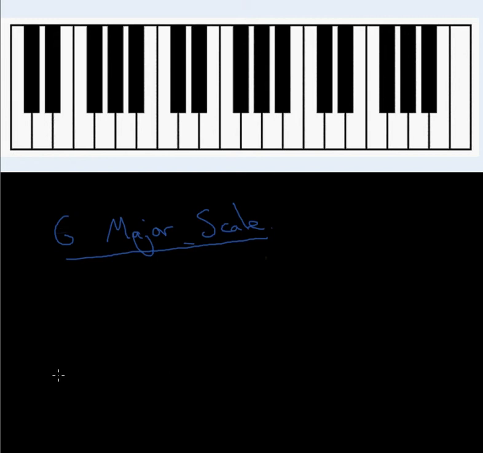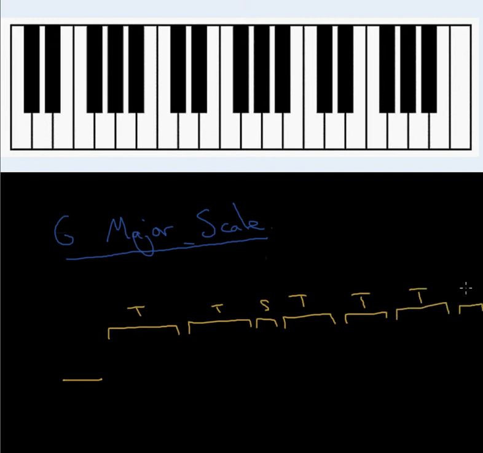We take a starting note, and then we move up a tone, another tone, then a semitone, then another tone, another tone, another tone, and finally finish with our semitone.